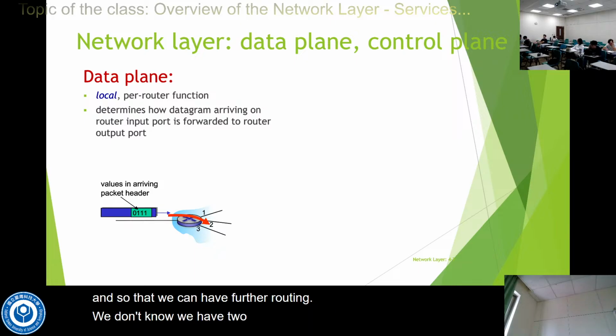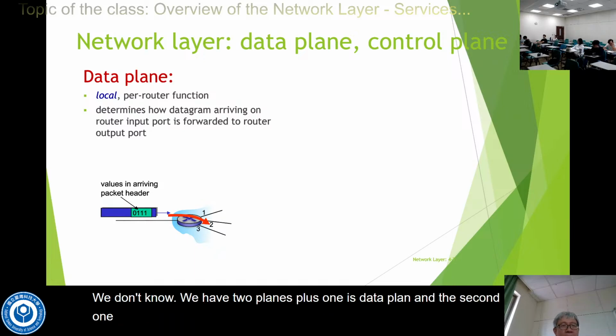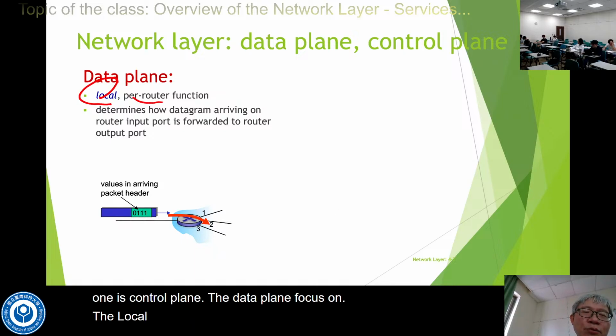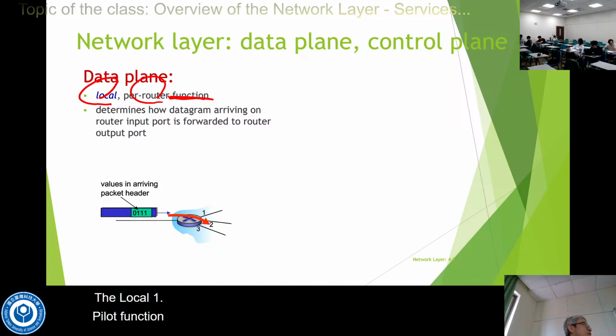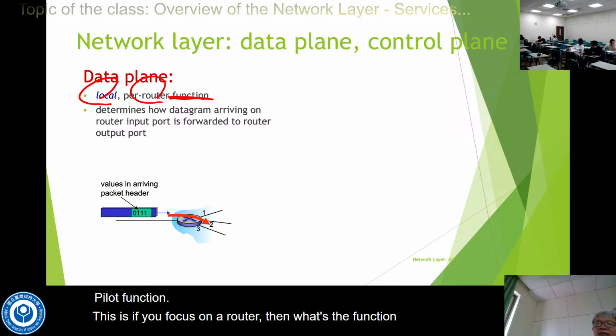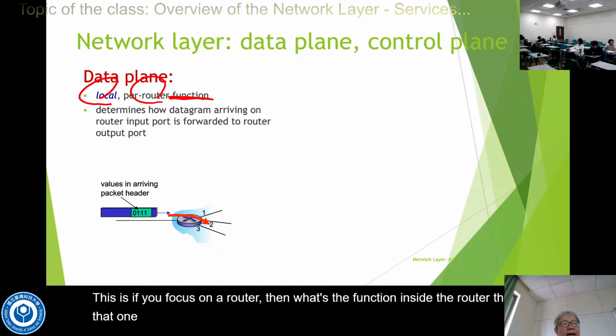First one is the data plane, and the second one is the control plane. The data plane focuses on the local per-router function. That says if you focus on a router, then what's the function inside the router? That one is controlled by the data plane.